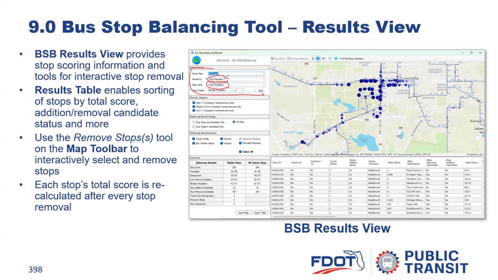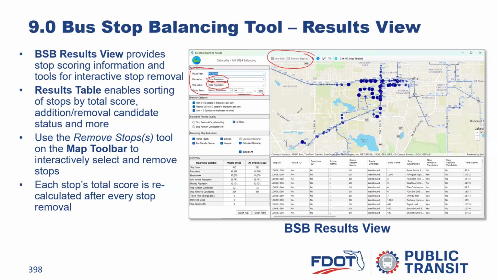All right, so the main criteria here is to be able to select stops using the list or using the map and then remove them. So this is your remove stops up here, and you can save the edits as well. One thing to note is as you're removing a stop, and this will kind of play out in our examples, it will rescore, right?